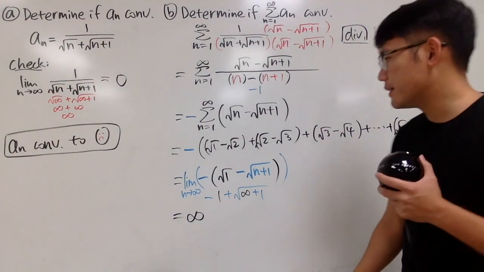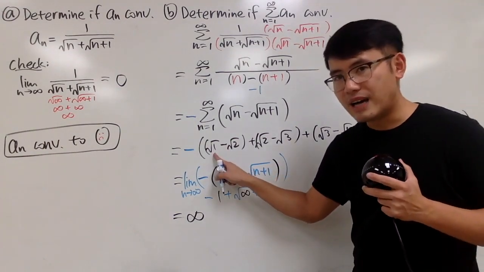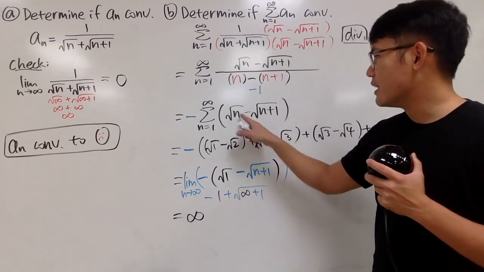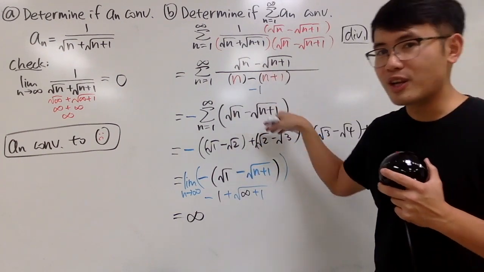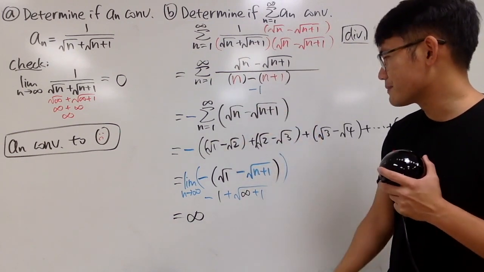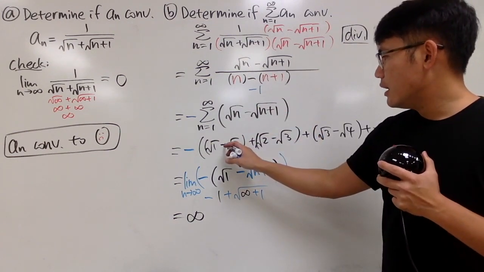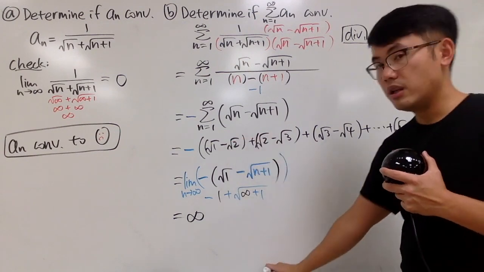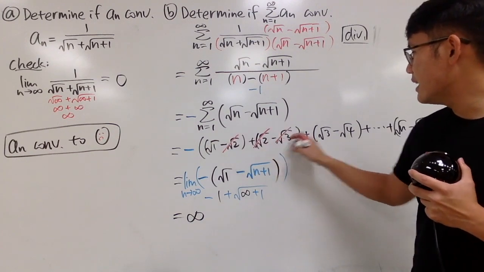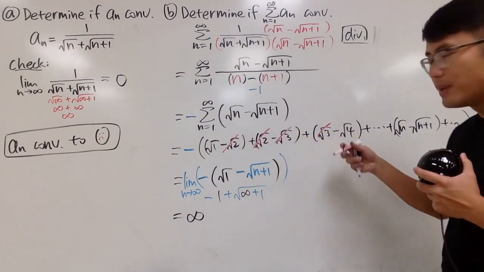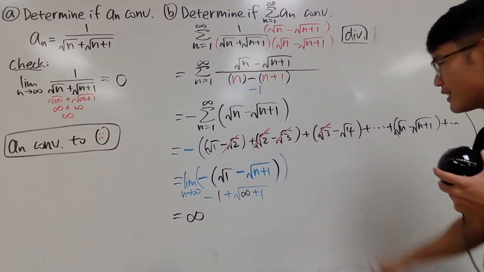Now check this out. Square root of 1 survives. In order to do so, again, n goes first, and then the n plus 1 next, in terms of the terms, and then the square roots, of course. This guy, minus square root of 2, is going to be cancelled out with this. And likewise, this guy is going to be cancelled with that. And everybody else is going to cancel each other out in between, right?